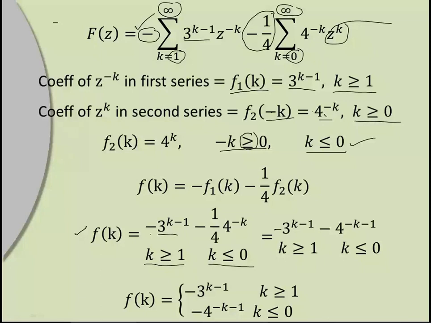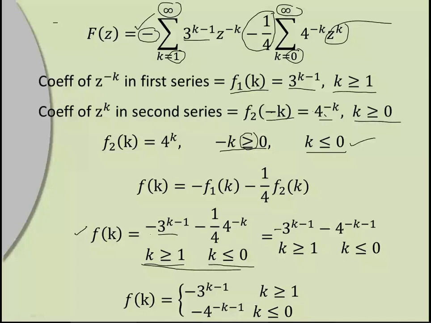Okay, you can keep it in this form or you can write in the form of intervals, because these are different values of k. So depending on those values of k, it takes the corresponding function. K greater or equal 1, minus 3 raised to k minus 1; k less or equal 0, minus of 4 raised to minus k minus 1.